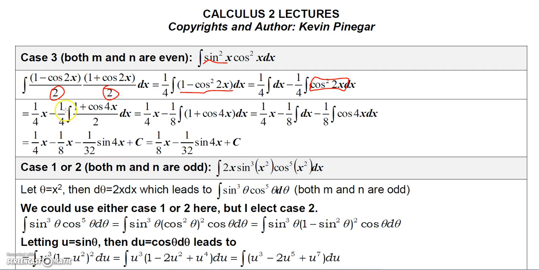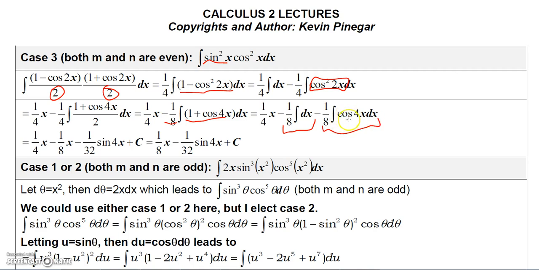And then back to the second integral, I can now pull the 1/2 out, and I get a 1/8 because I got a fourth times a half. And then I have the 1 plus cosine 4x in here. And then I can break this up into minus 1/8 dx, and then minus 1/8 times cosine 4x.